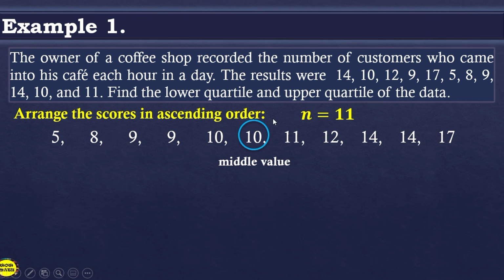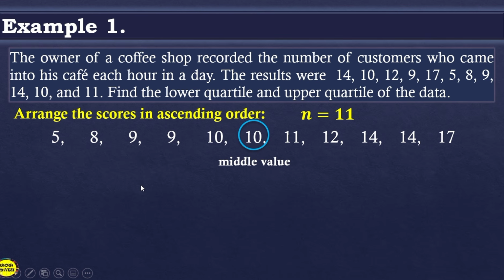Since na-identify na natin yung middle value natin, makukuha na natin yung first quartile or yung lower quartile. Dito sa left side ng middle value natin, meron tayong 5 scores. Okay? Paano natin kinukompute yung median, ganun din yung gagawin natin dito. Since meron tayong 5 scores, meron tayong isang middle value.